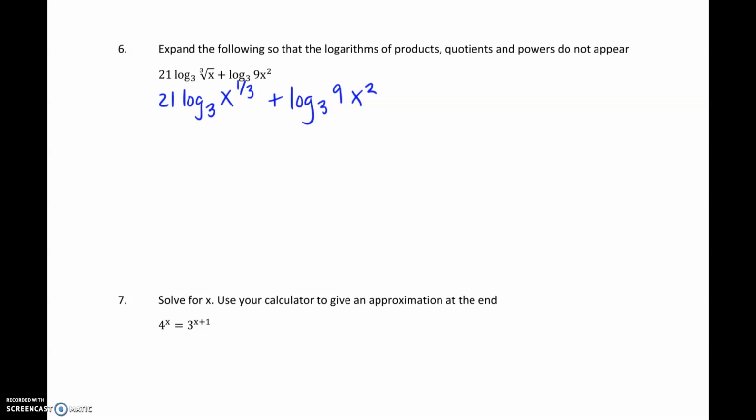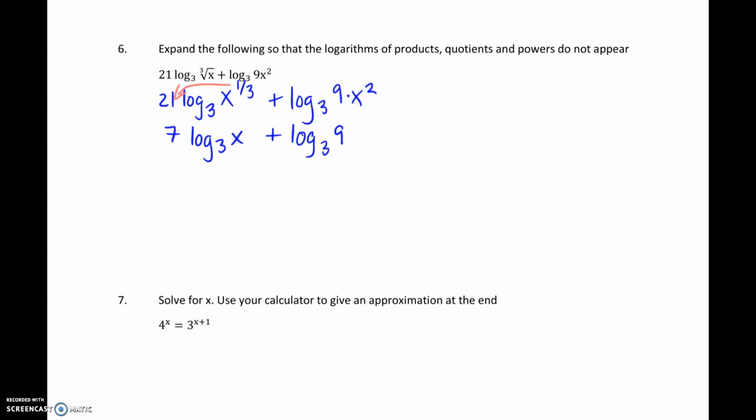One thing we can do, we can use the power rule, move the 1/3 up front, and then we end up with 21 times 1/3, and that's 7 log base 3 of x plus log base 3 of 9 over here.